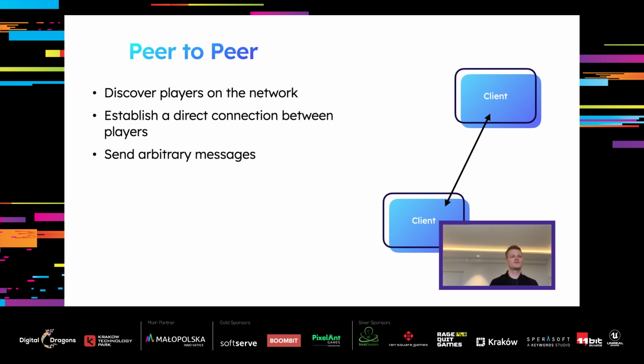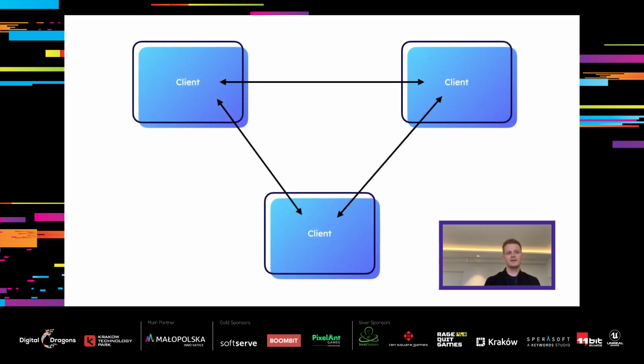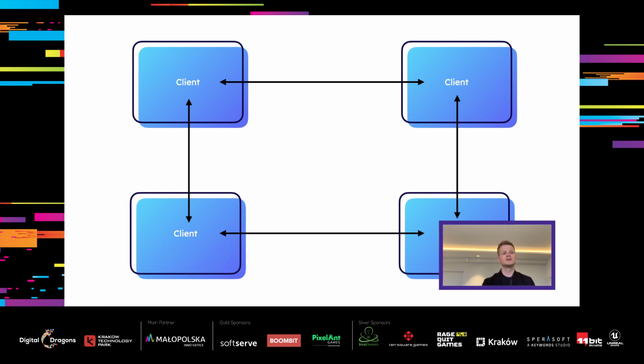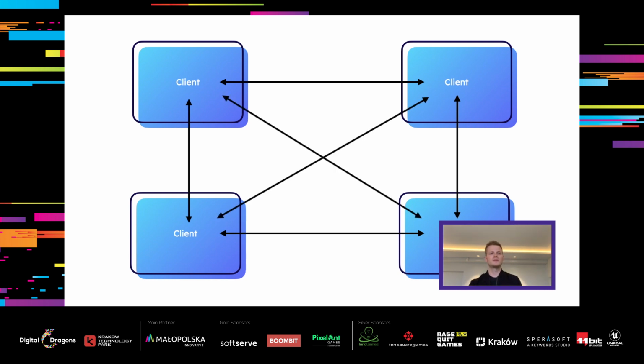There is our first problem with that implementation right here, because as the number of clients grows, we have more and more messages to send, and it's more and more difficult to synchronize between those players. But that's just one of the problems.